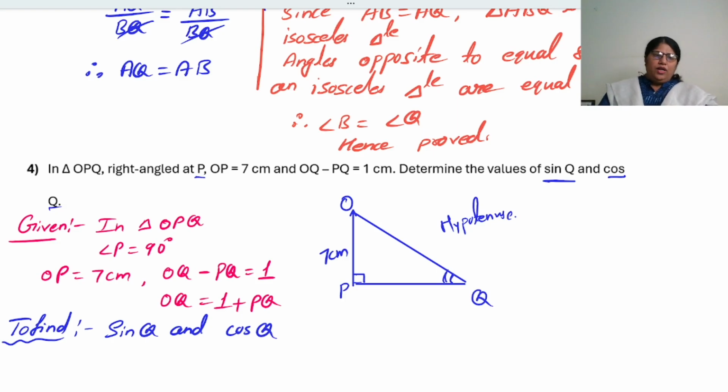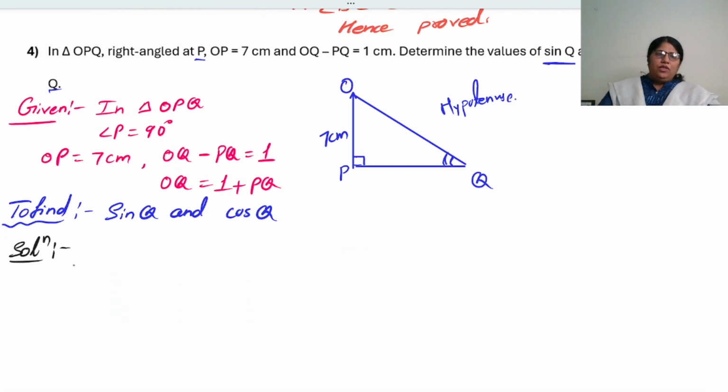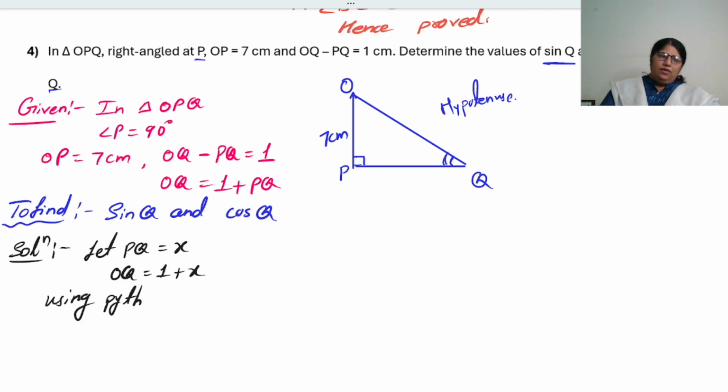After that, we have to go for the solution. How are we going to solve this question? In the solution, because we know the relationship, let PQ be x. So OQ is going to be 1 plus x. Now it's easy to use the Pythagoras theorem.